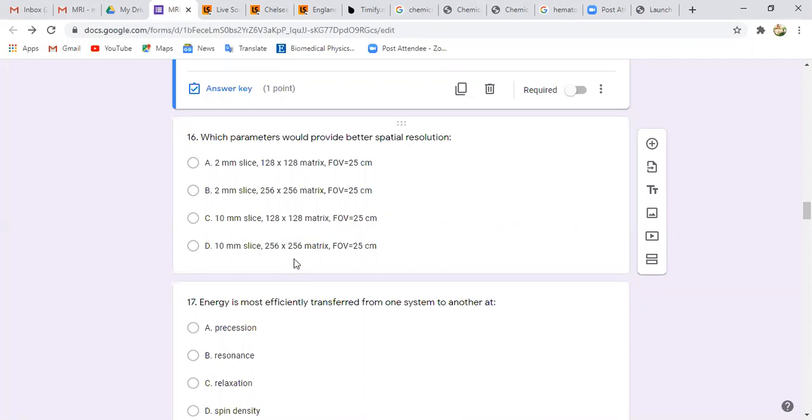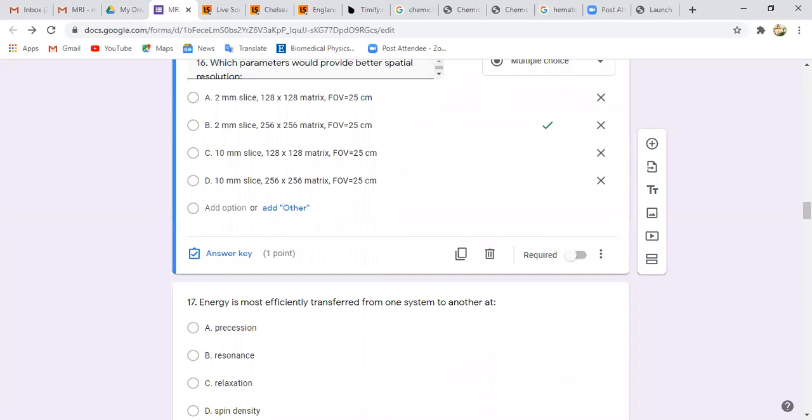If you want to go by that, we have D and then B. But if you want to go by the slice thickness, we have A and B. So this is the intersection of the two. B has bigger matrix size and smaller slice thickness. So that's B straight away.